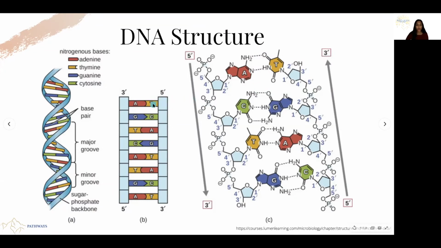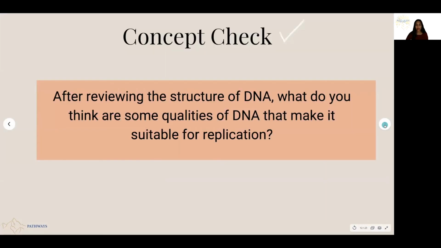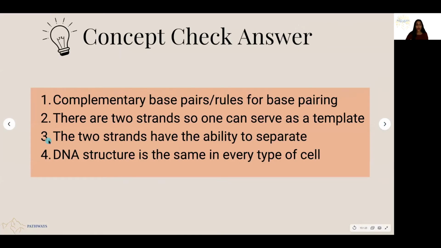So if on one strand we had A, G, and T, then without even knowing the other strand, just by using our base pair rules, we would know that T would go here, C would go here, and A would go here. So these rules are very, very important for the body. The other thing is that the two strands, like I was saying earlier, have the ability to separate.